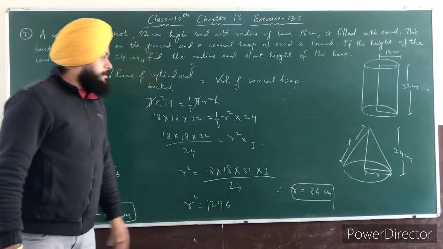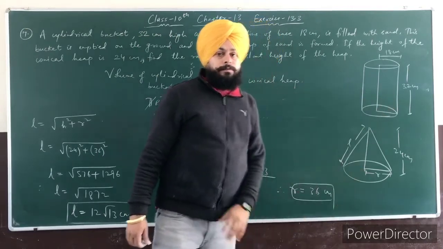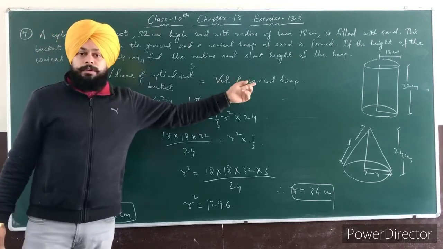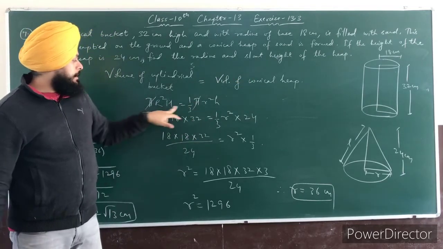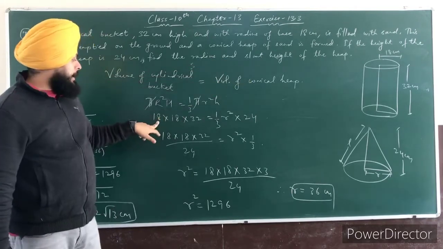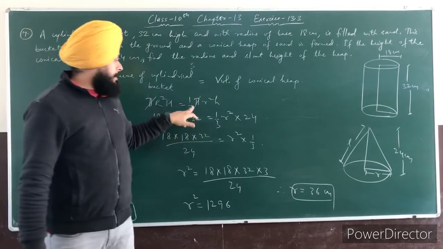Please students, the volume of this cylindrical bucket is equal to the volume of this conical heap. The volume of cylinder is pi r square h and the volume of cone is 1 by 3 pi r square h. So you cancel pi from both sides. The radius of this cylindrical bucket is 18, so write 18 2 times. Height is 32. Clear? 1 by 3 written as it is.